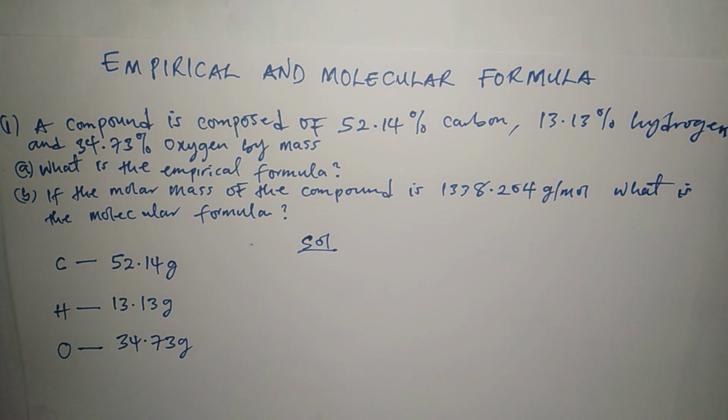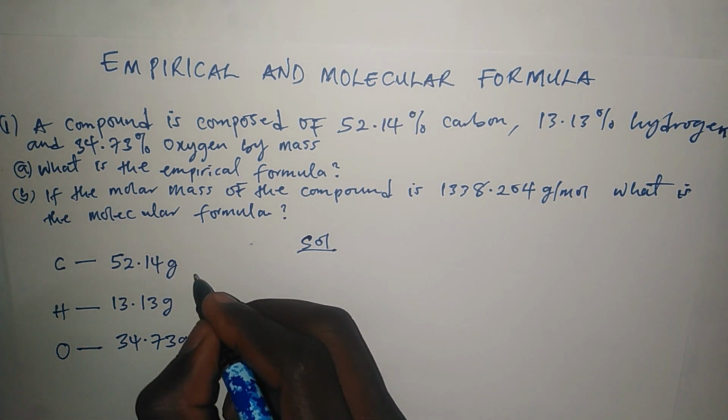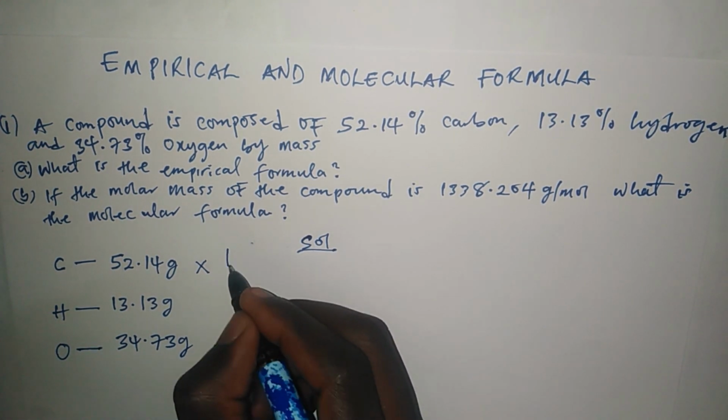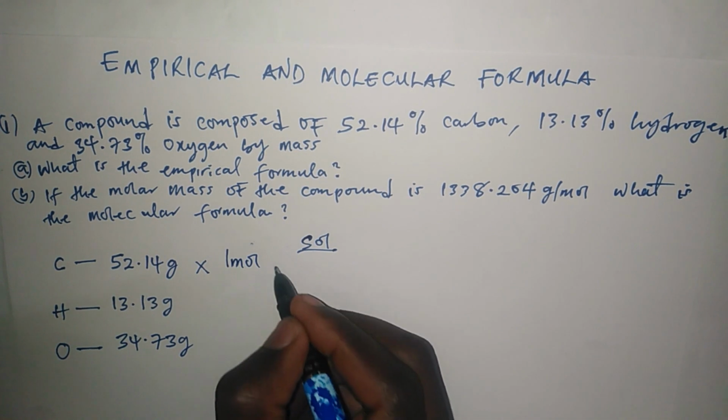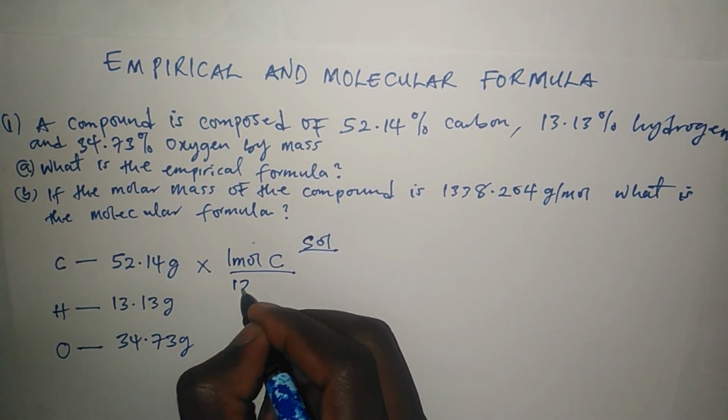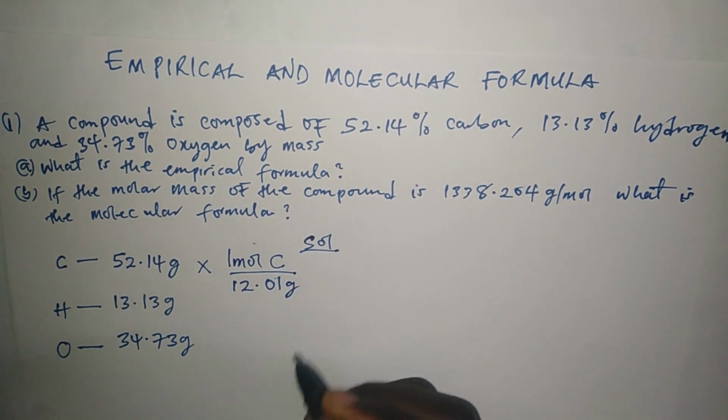Now, next, what we're going to do is convert the mass in grams into moles. To do that, we'll use molar mass. So, for carbon, to convert 52.14 grams of carbon into moles, using molar mass, we say for one mole of carbon, it contains the molar mass of 12.01 grams.